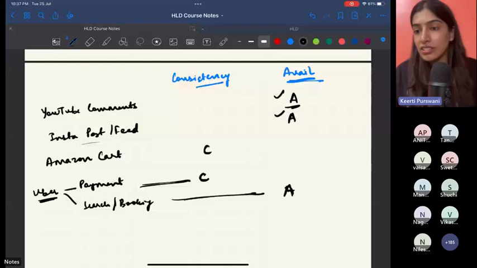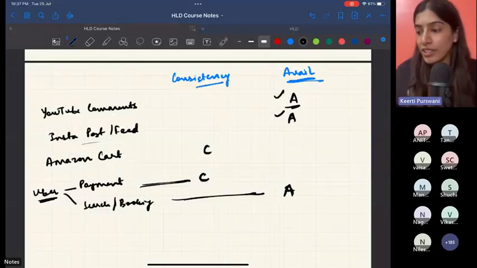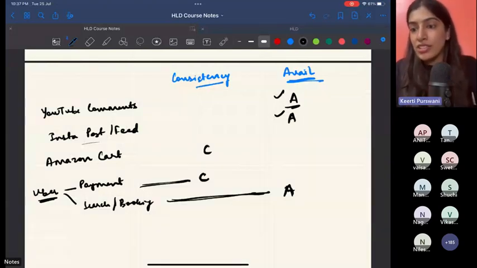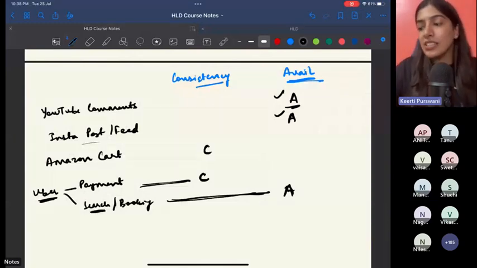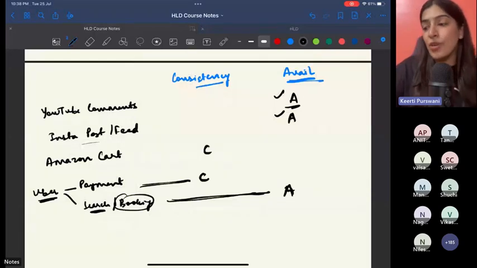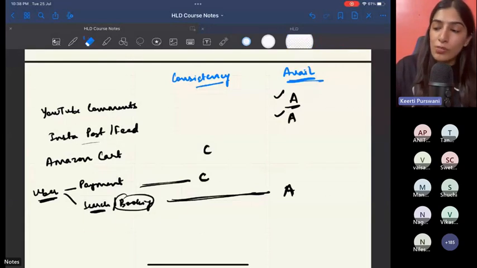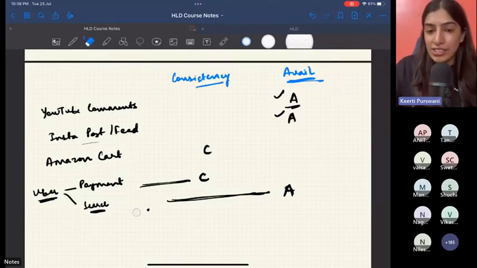Why is booking? See, booking is not C, booking is availability. You should be able to book. Availability is important. Booking should be C because two people should not be able to book. So here basically I meant search. If you talk about selecting the Uber, then yes, you can say booking. If you had talked about booking in Book My Show, I would have said consistent.